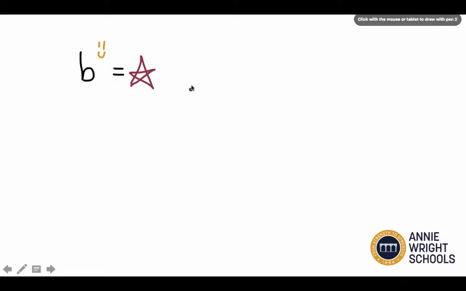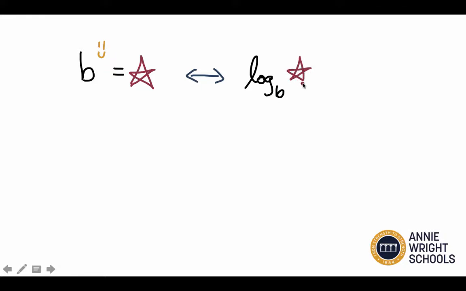Euler showed that logarithms allow you to rewrite this exponential equation as a logarithmic equation: log base b of star will equal smiley face.